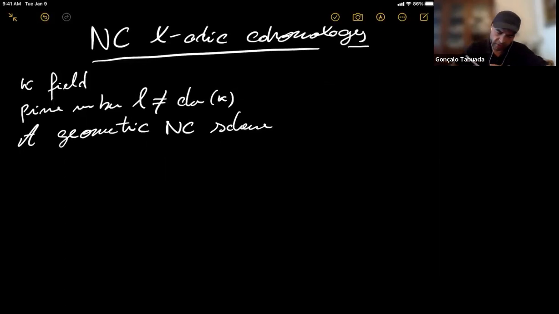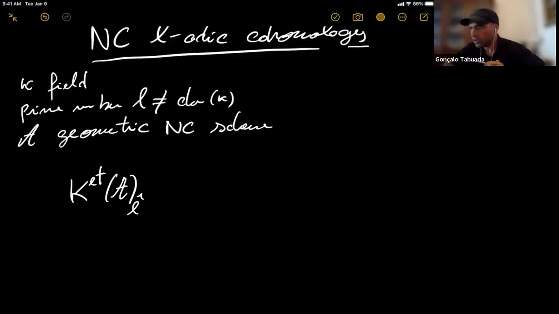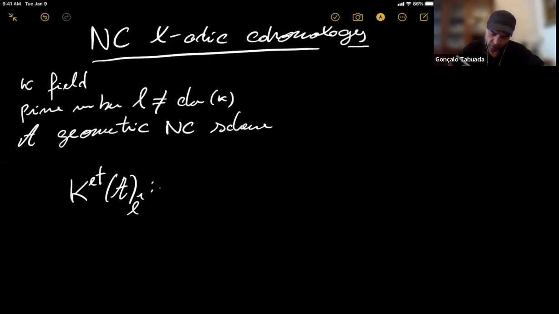So one thing that you can do is use K theory. You can take the l-adic étale K theory of A, which you define as follows. Let me write it and then explain.